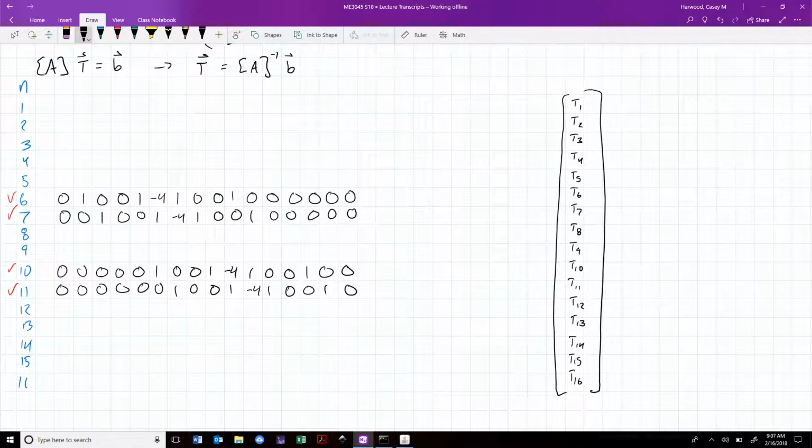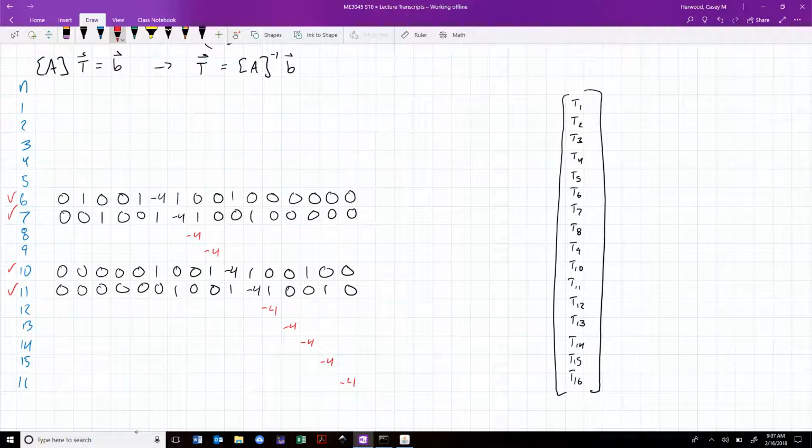But it's a bit of a pain to have MATLAB loop through and only build these 4. What's much easier to do is recognize that if we were to fill in the rest of these equations as well, for the rest of the nodes, which we don't need to do because we already know the temperatures there, what we would end up with is this system that has constant elements in a diagonal pattern.